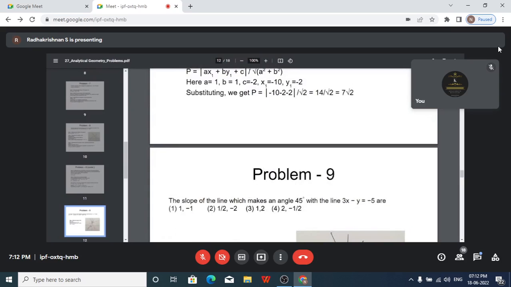Sir, we can substitute these values in that equation, sir. How will that work? Now there is 1, -1, sir. Take 1 as x and y as -1, and substitute all the options in that way, and whichever gives -5 is the answer. Then these are points, which of these points lie on the line 3x minus y equal to -5, that is how you are going. This is about slope. Okay. This is different.